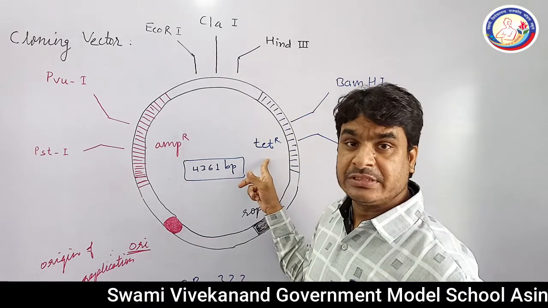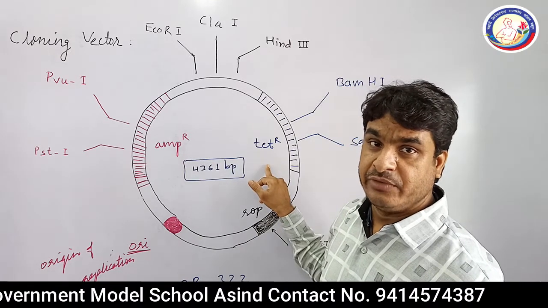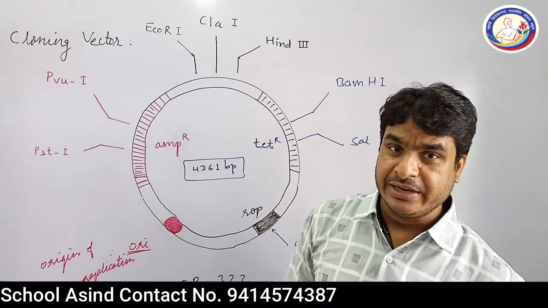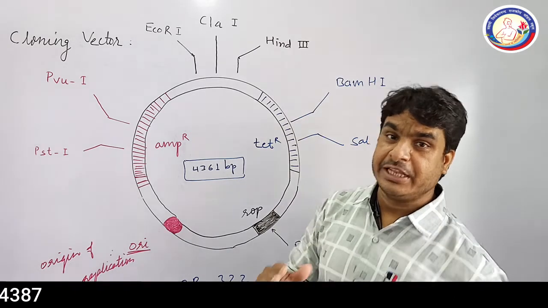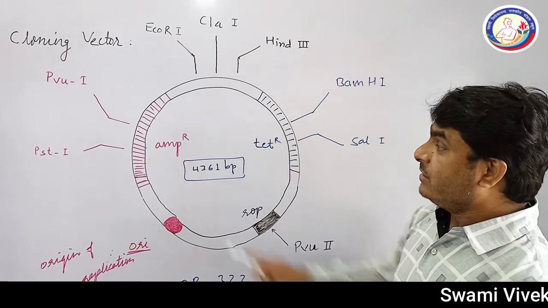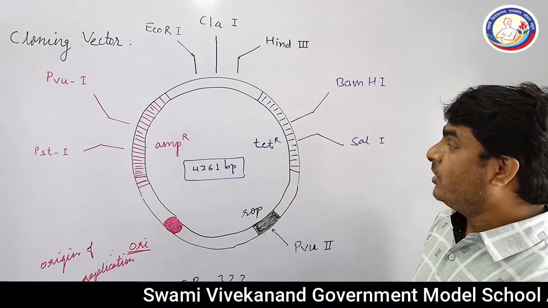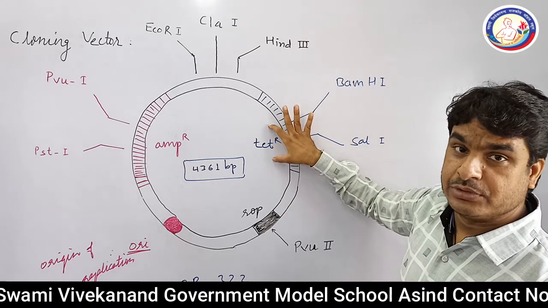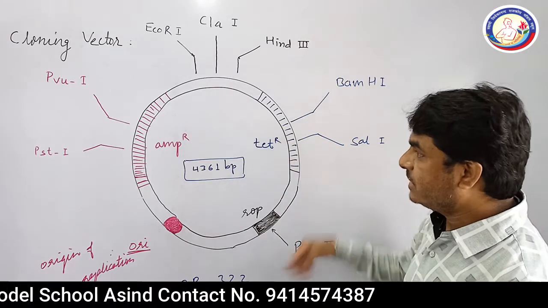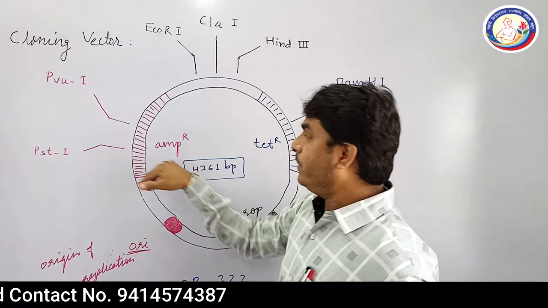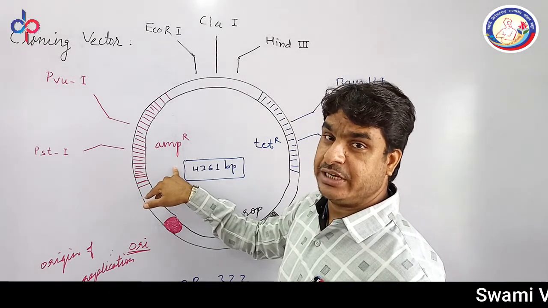These are the selectable markers. With the help of these two genes, we will identify the recombinant DNA and the recombinant host cell. These are the selectable markers, out of which one selectable marker will be used for the addition of foreign DNA. You can see the AmpR gene, its full name is ampicillin resistance gene.